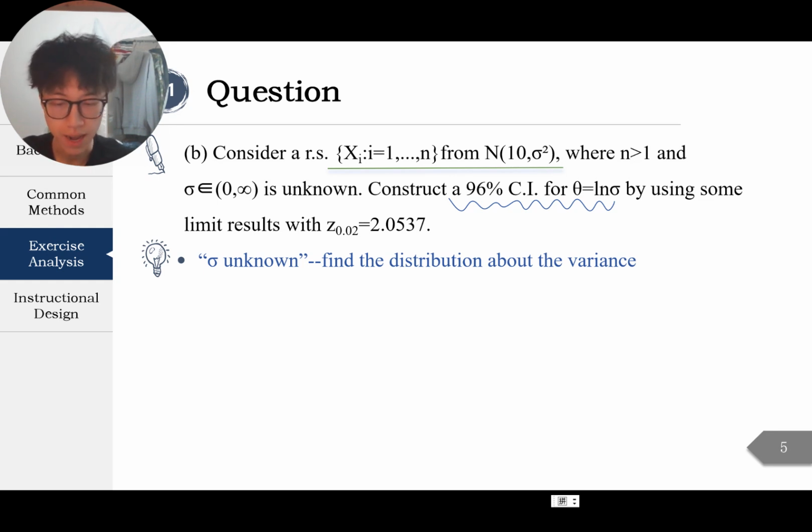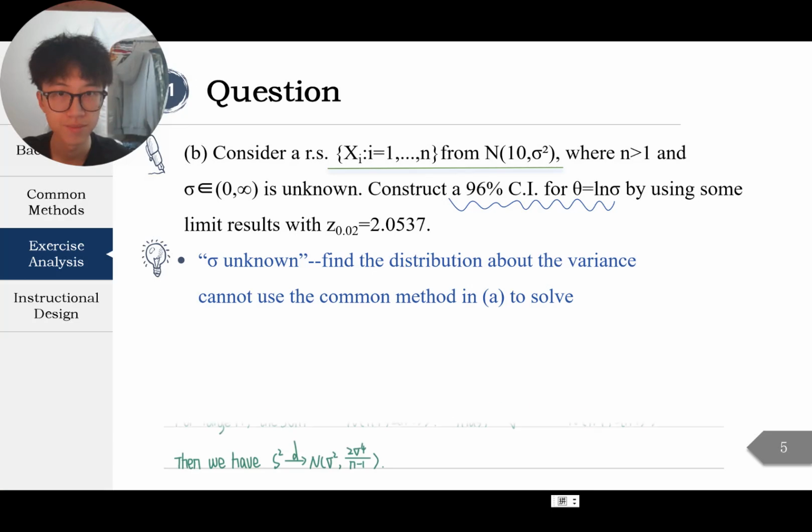So the expression for theta contains an unknown variance. Therefore, we cannot imitate the first question to construct a function and get a confidence interval, which implies that we need to find something about the distribution of the variance.